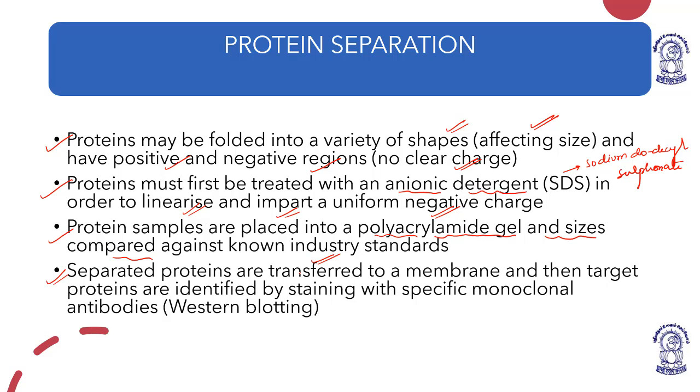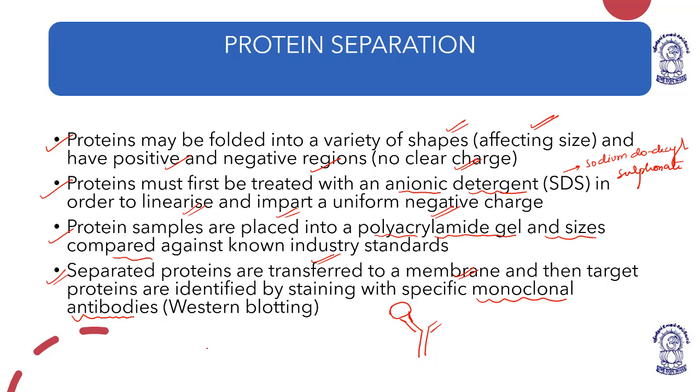Proteins are transferred to a membrane, and then target proteins are identified by staining with a specific monoclonal antibody. Suppose this is the monoclonal antibody, it has an antigenic determinant site.